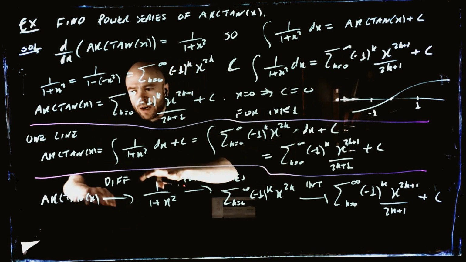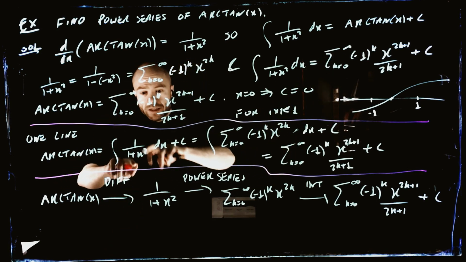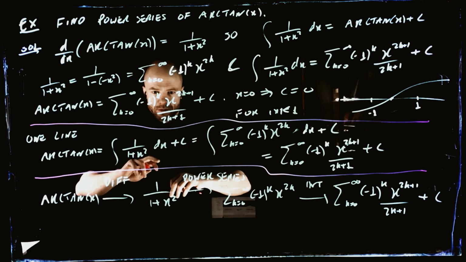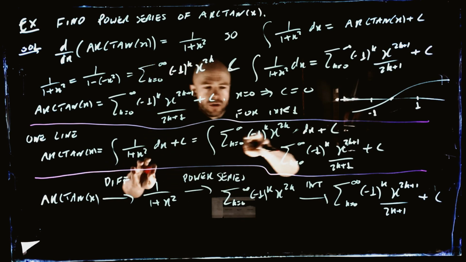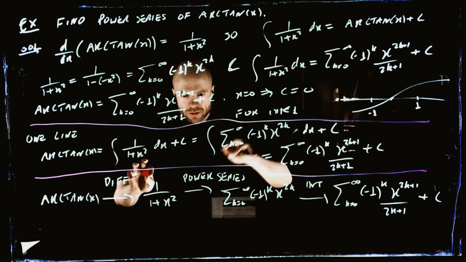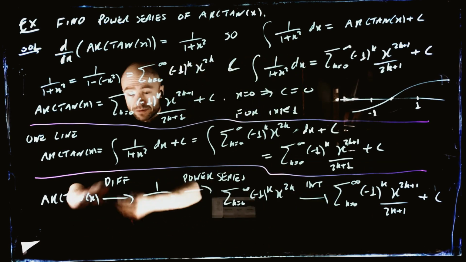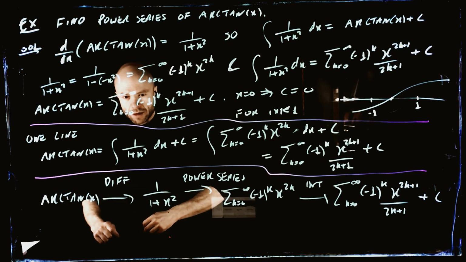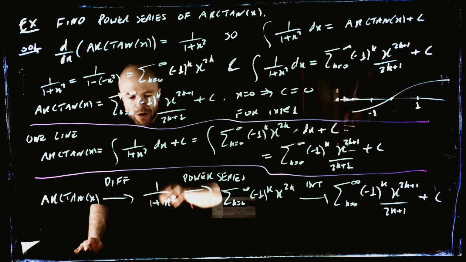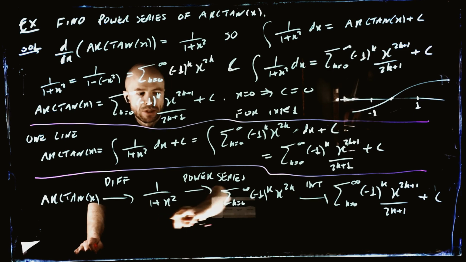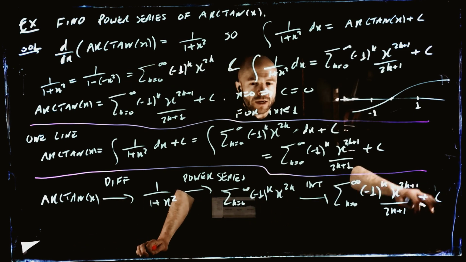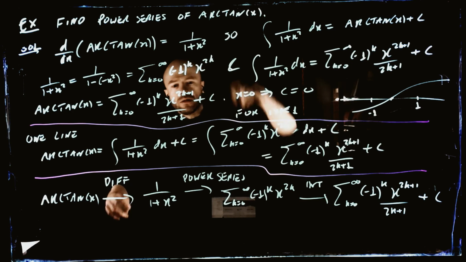Here we put it all in one line. Arctan is the antiderivative of 1 over 1 plus x squared. Therefore, we'll just put that inside and then carry it out. We get the answer. And then now here we check that we did things in a logical sense. We started with this guy, we differentiated to get the thing that we wanted, right? We power series expand, we integrate. So this is just a layout of the steps we did in the first method.